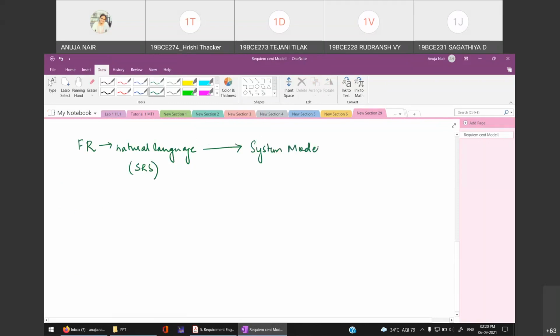And what are these system models? These system models are nothing but a diagrammatical representation of your requirements, right? So this is in terms of natural language. System models are in terms of diagrammatical form. This FR is basically your user and system requirements that we had studied as a part of.